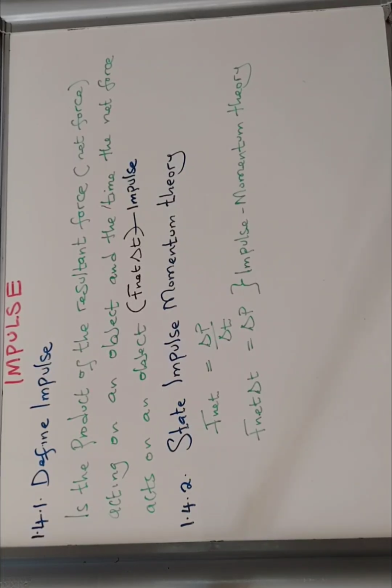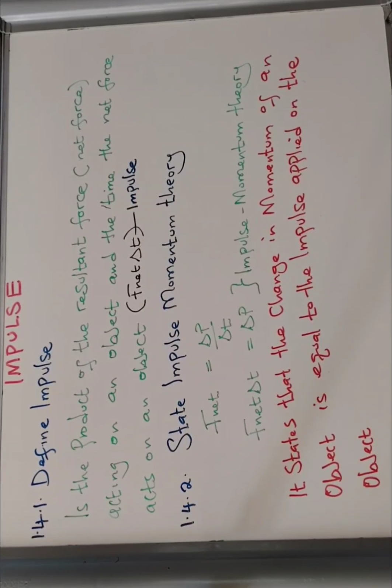The change in momentum of an object is equal to the impulse applied on the object. Let's put that one down. So that is it. It states that the change in momentum of an object is equal to the impulse applied on the object.